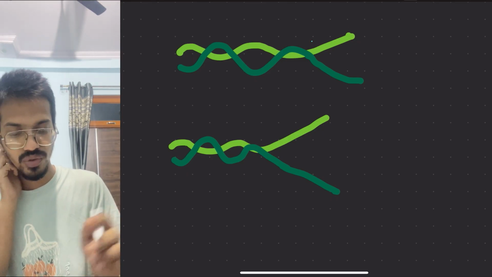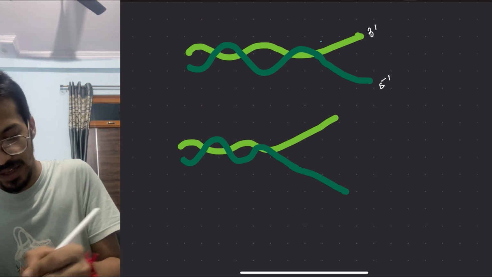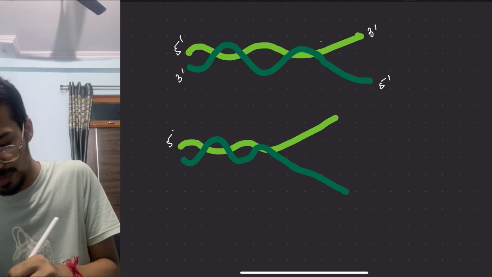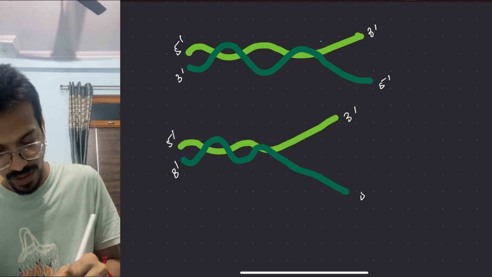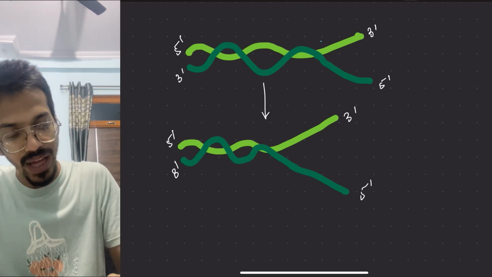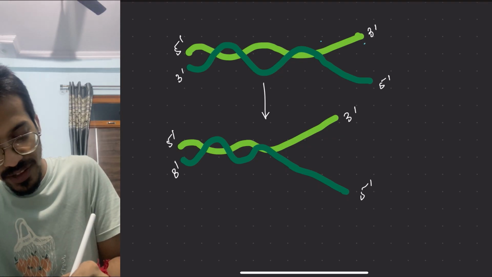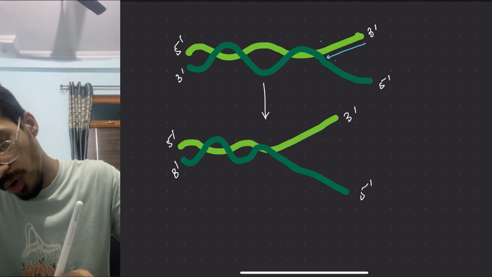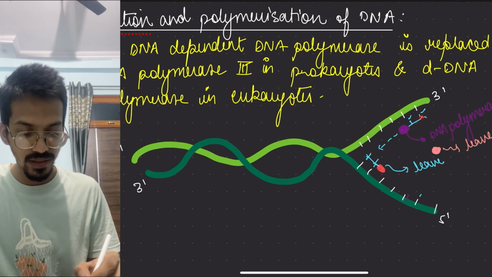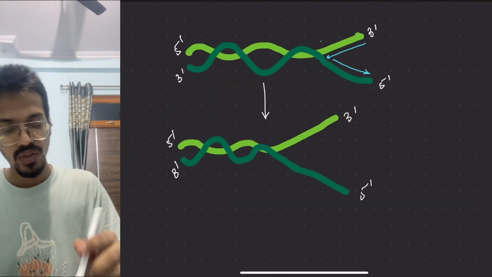What we were making was 3 dash 5 dash, 5 dash 3 dash, and so on. At this point the helix would have been formed; from here this 3 dash will be forming like this, and from here it will be forming like this. Can you see that? Here it was going this way, here it was going this way. You know this movement. Okay, so this is happening.